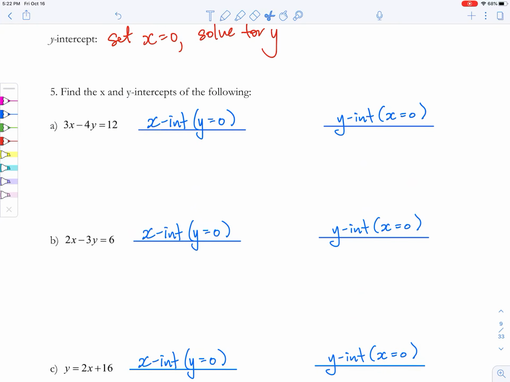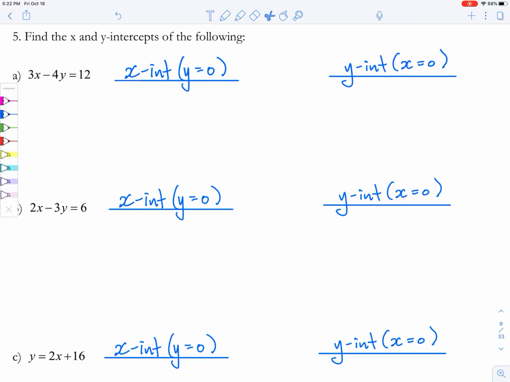So for 5a, we're going to find the x and the y-intercept. So for the x-intercept, I set y equal to 0. I'd write 3x minus 4 times 0, because remember I set y equal to 0, equals 12. So 4 times 0 is just going to be 0, so we can ignore it.